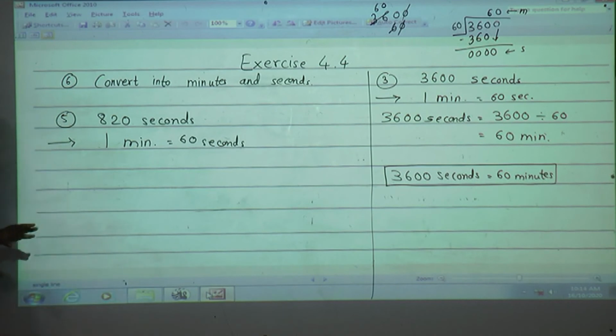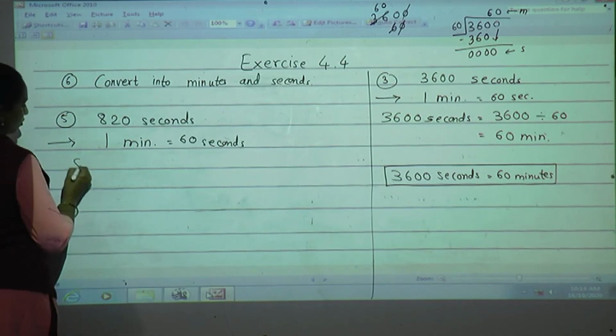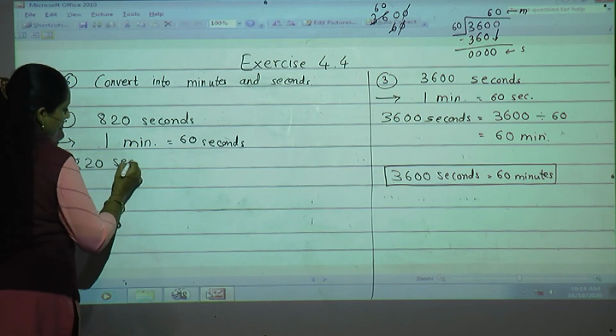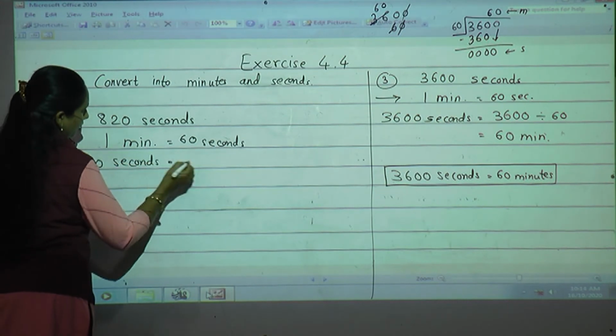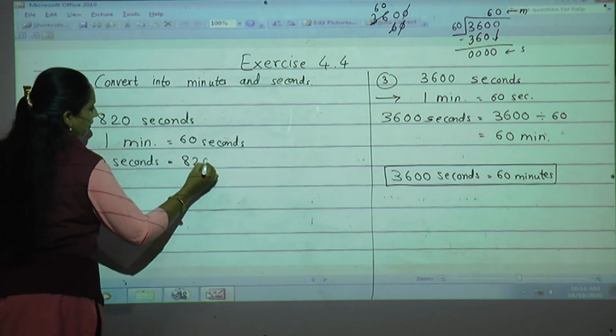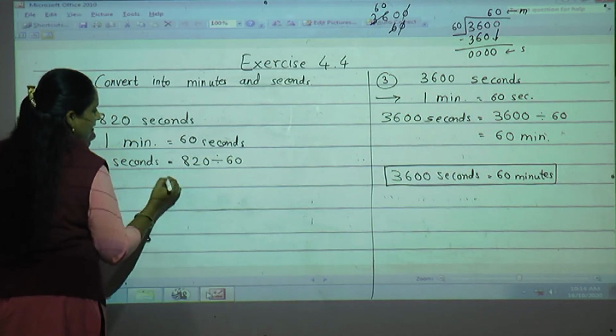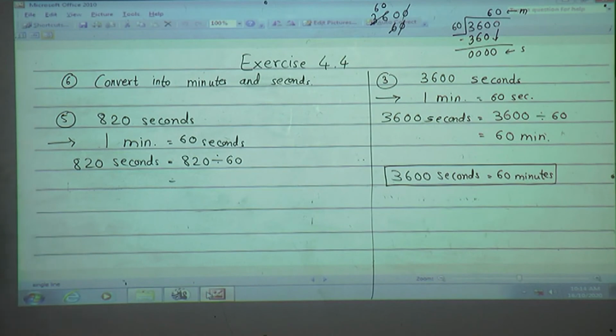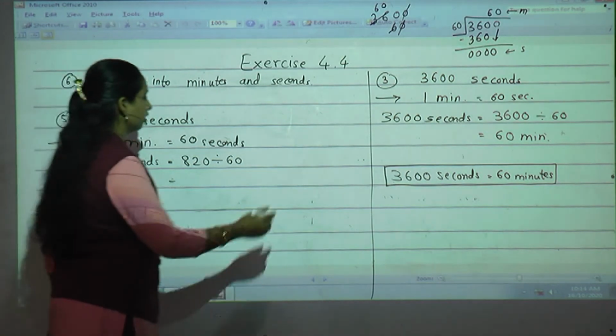So when you want to convert seconds into minutes, we have to divide by 60. So 820 seconds is equal to 820 divided by 60. Now we have to divide this. See, we will do the division here.